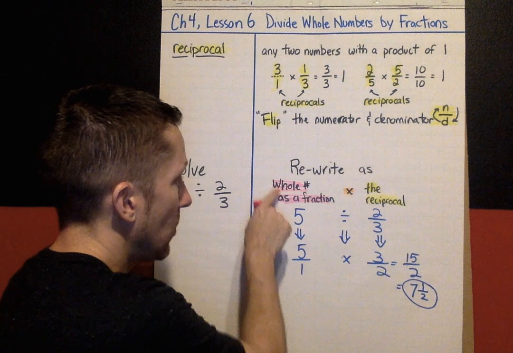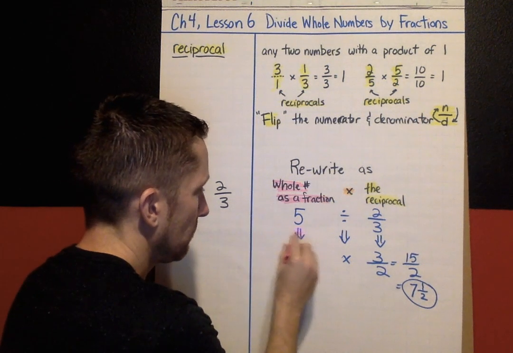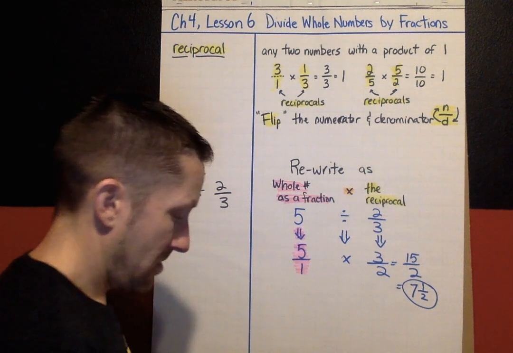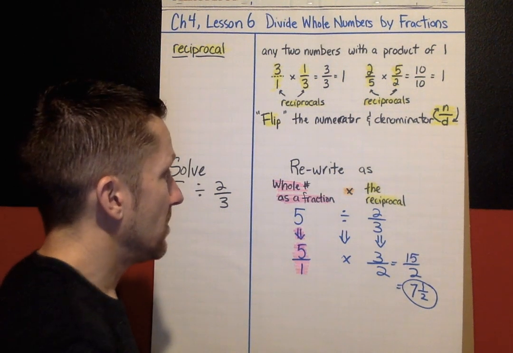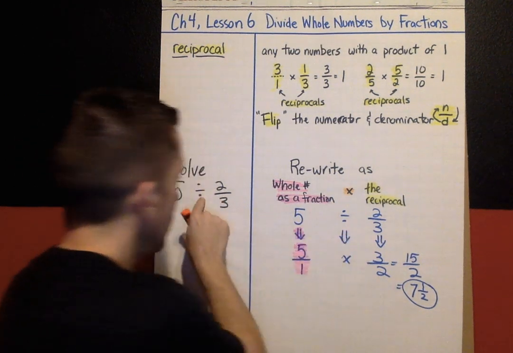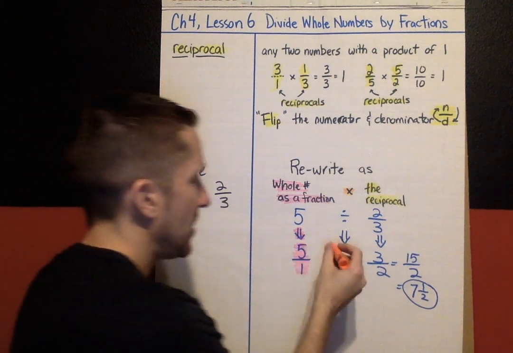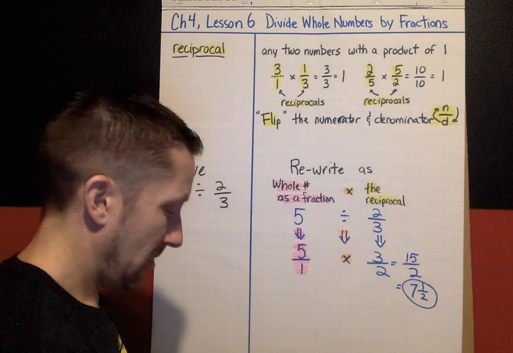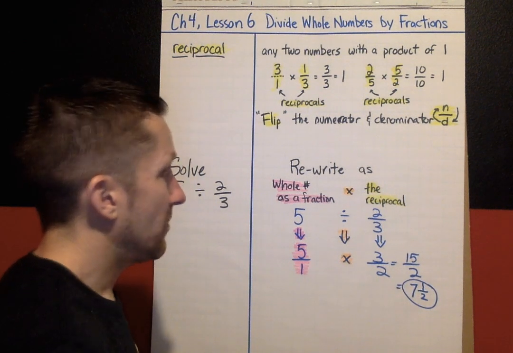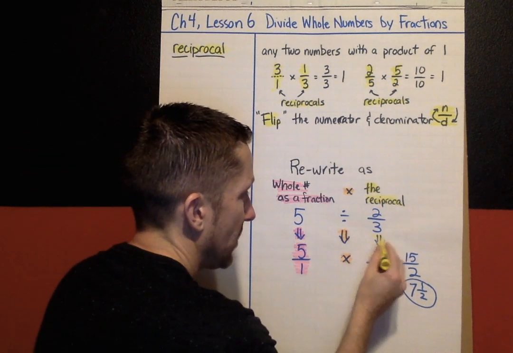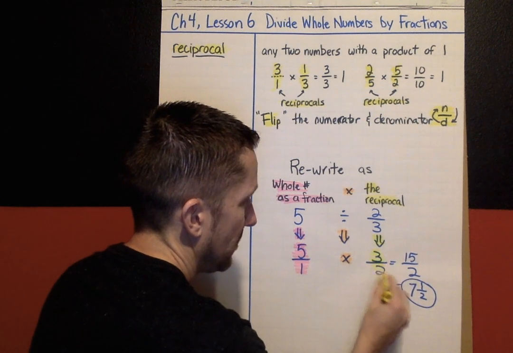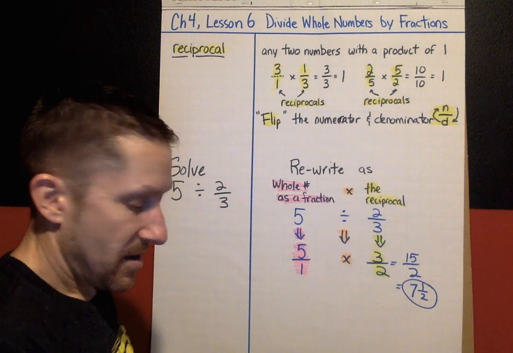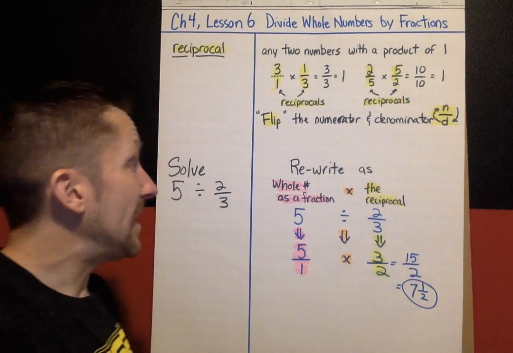So again, whole number, change to a fraction. Divide, your divide right here changes to multiply. And then the last step, the fraction you're dividing by gets rewritten as its reciprocal. So this part right here, 2 kinds of practice problems today.